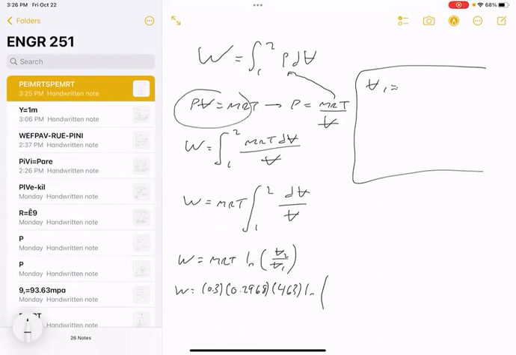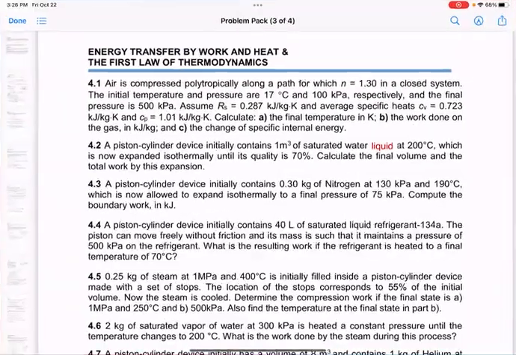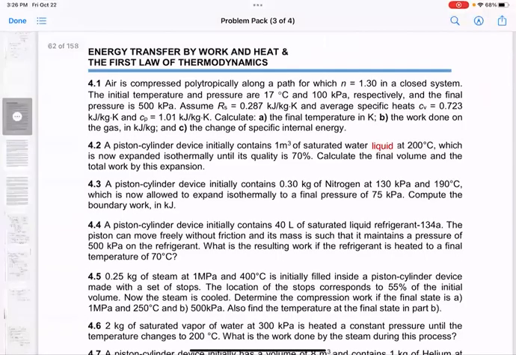If we isolate V, it's just mRT over P. So where m was 0.3, R is 0.2968 kilojoules per kilogram Kelvin, and the temperature was 463, we divide by the initial pressure, 130 kilopascals.